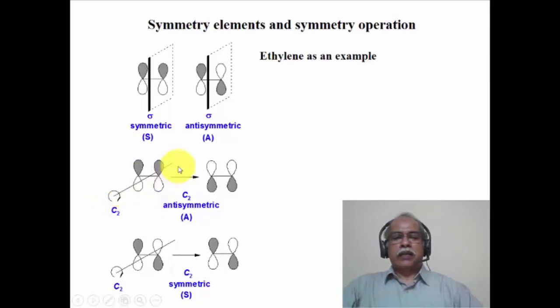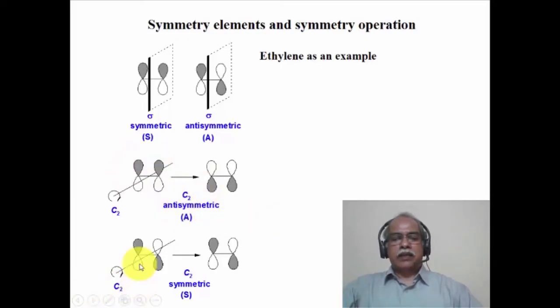If we consider a C2 axis passing through the center of the carbon-carbon bond, perpendicular to the bond, and make a 180 degree rotation, this is the picture that you will get. Clearly now the shaded portion has become unshaded portion, so the original picture is not generated upon the C2 axis of rotation. Therefore, with respect to the C2 axis of rotation, the pi molecular orbital of ethylene is antisymmetric.